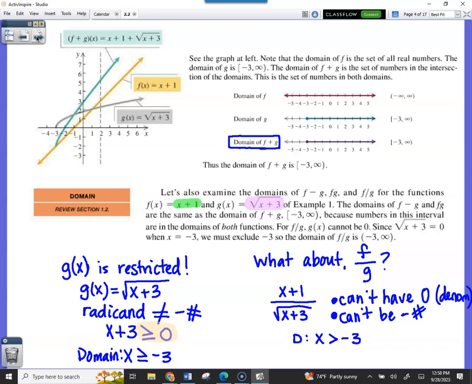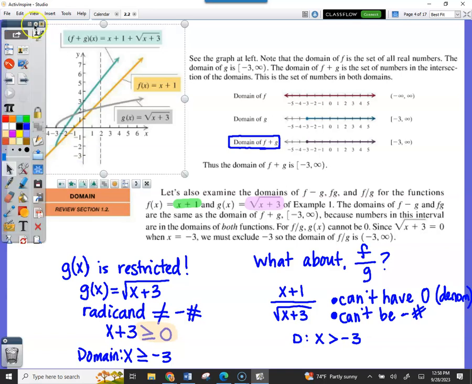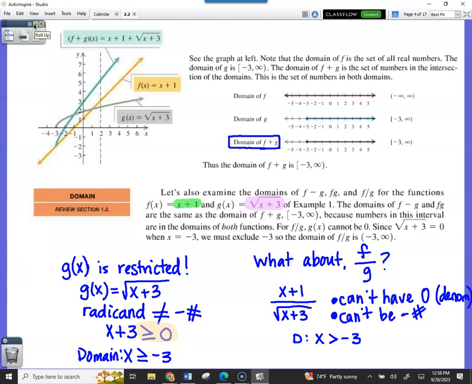What we wrote here was we were looking at function f. Where is it? F is linear. This is function f. It is linear. This is function g. This is an even root. Linear functions have no restrictions.